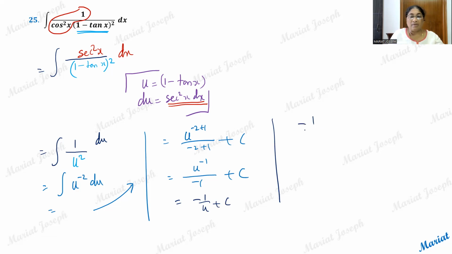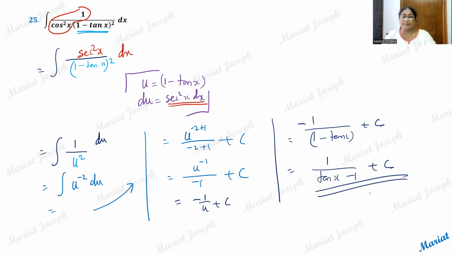That is minus 1 upon 1 minus tan x plus c. Since there is a minus 1, we can write it as 1 upon tan x minus 1 plus c also. Both are correct. That was question 25.